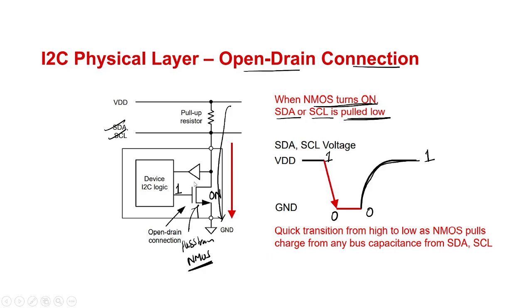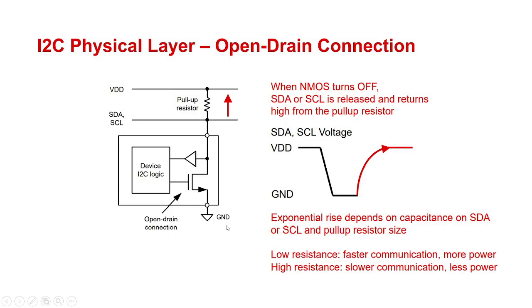The exponential rise depends on the capacitance. Internally there is capacitance on SDA and SCL, and there is also a pull-up resistor, so the exponential rise depends on the RC value. So this is about the open drain connection.